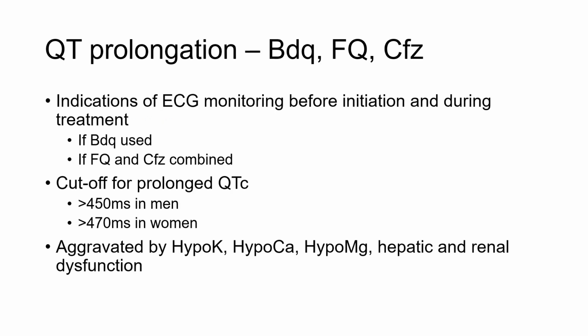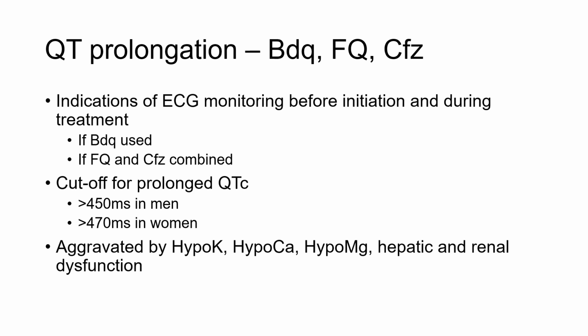So coming to one of the commonest adverse drug reactions, that is QT prolongation. It is mostly seen with 3 drugs, that is bedaquiline, fluoroquinolones and clofazimine. So what are the indications of ECG monitoring before initiation and during the treatment? If bedaquiline is used in a particular patient, we have to do ECG at the baseline and during treatment. If fluoroquinolone and clofazimine are combined in a treatment, we must do ECG at baseline and during the course of treatment.